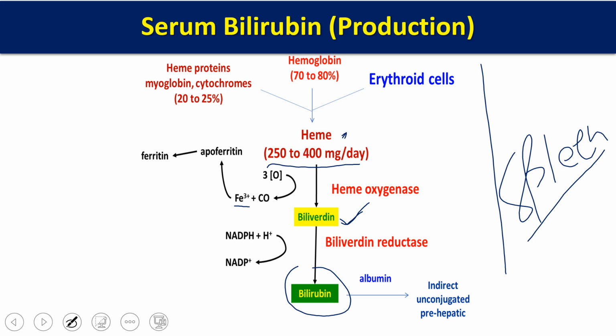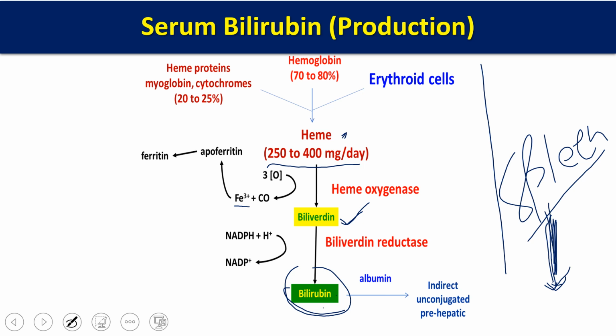The route by which bilirubin is transported from spleen to liver is through blood circulation, and blood is composed of water. Till bilirubin is made water soluble, it cannot be transported from spleen to liver. For this, bilirubin is associated with albumin, which is present in the blood circulation.